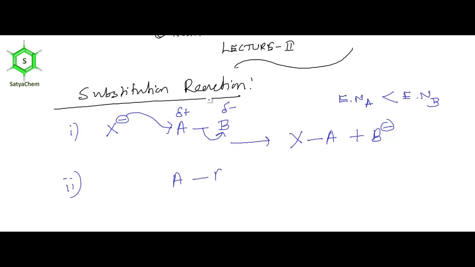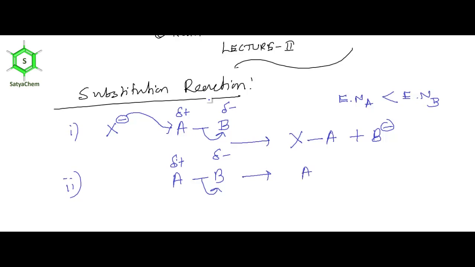A is bonded to B, and the electronegativity of A is less than that of B. That is why A carries a delta positive charge and B carries a delta negative charge. Here it can happen that before the attack of X minus at A, B leaves from AB.